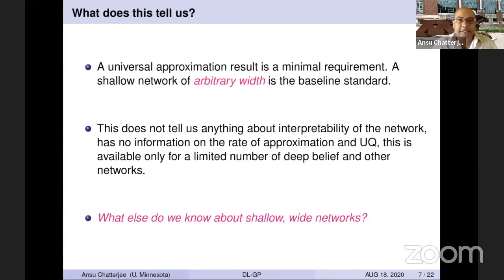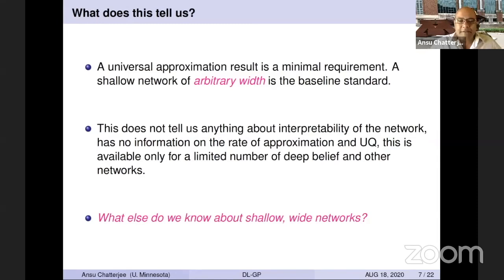So what is this universal approximation theorem that artificial neural networks do apparently satisfy? At least some of them do. So it's kind of a baseline thing, something that in a statistics or in a probability community sort of corresponds to being asymptotically consistent.